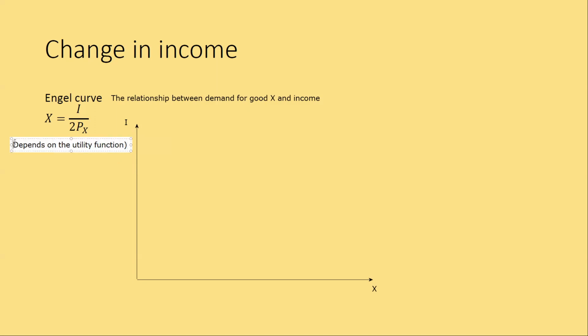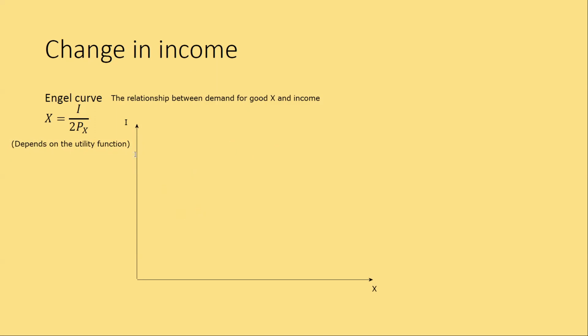All right. And ultimately, the utility function represents people's preference. So when people's preference becomes different, the demand curve might look different, and the Engel curve might look different. It represents people's different preferences over different types of goods.